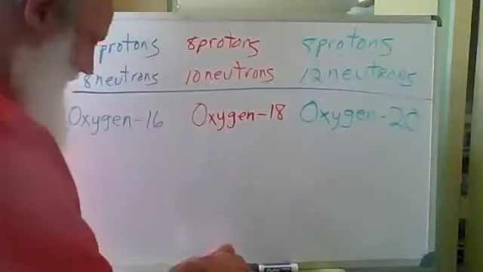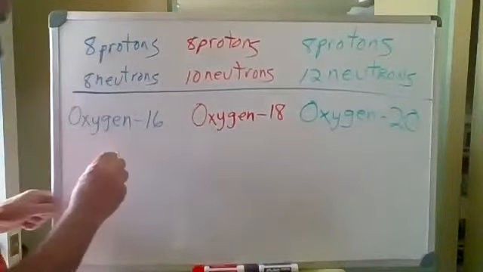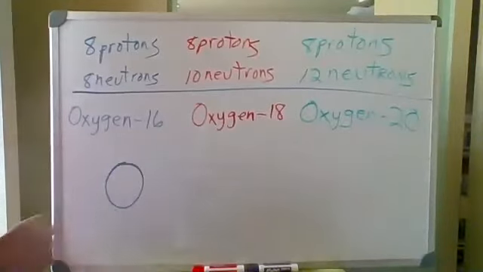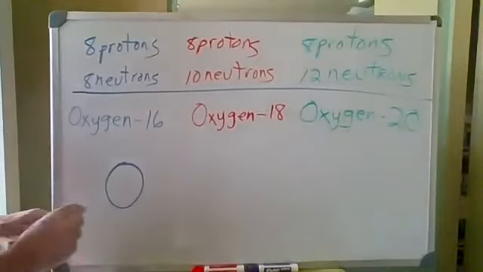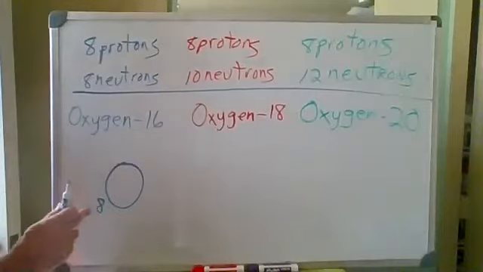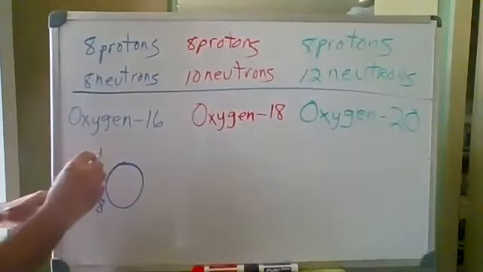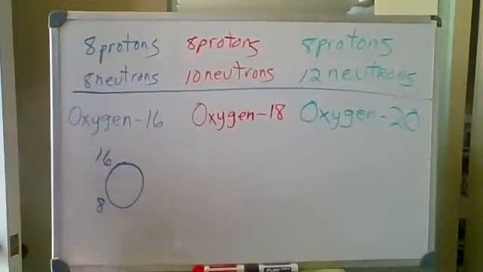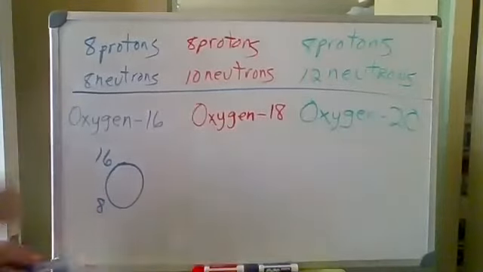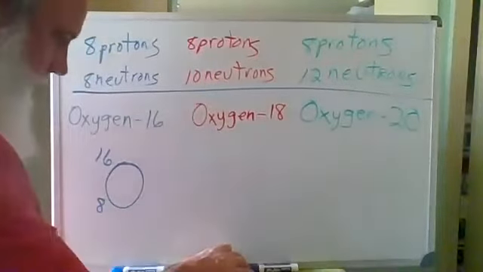Now, let's take a look at the other way to do this. You write the element symbol, and down here you put the number of protons, which is the atomic number. And up here you put the mass.